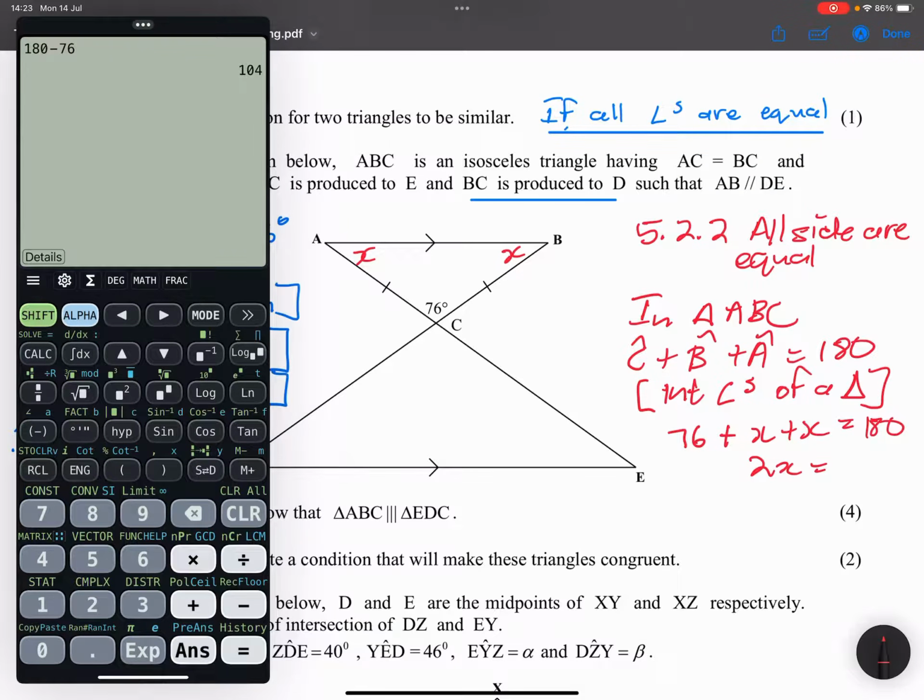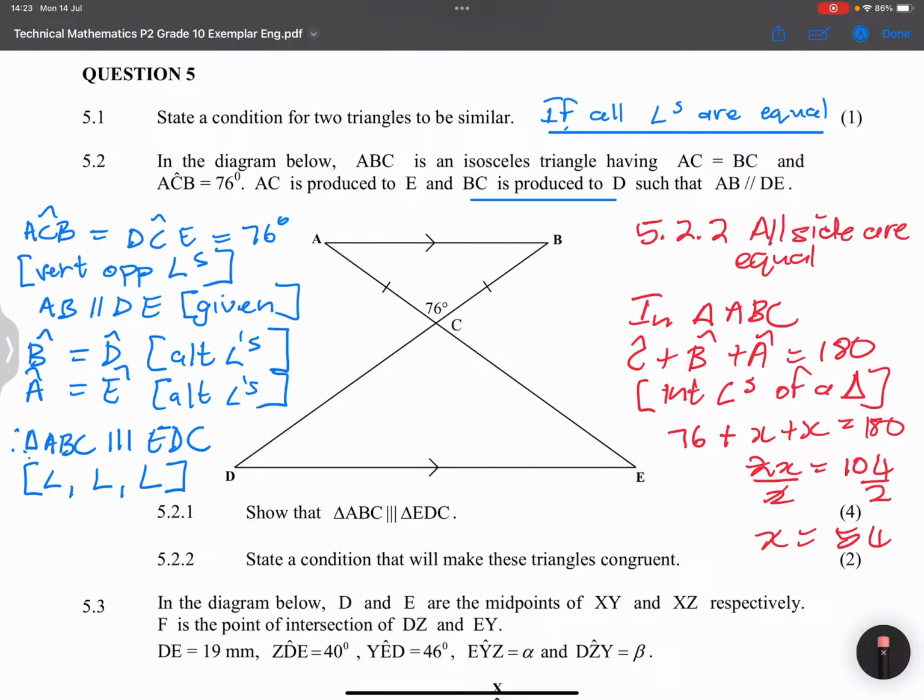We are going to get 104. And if we divide both sides by 2, then X would be equal to 54. Now note, it means that this angle here would be 54, that one 54.